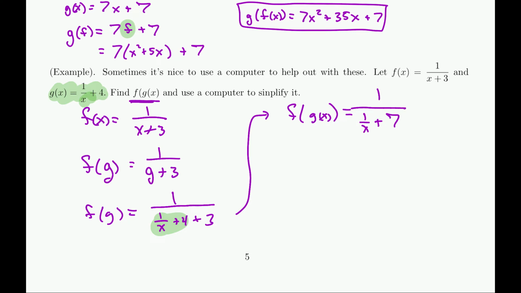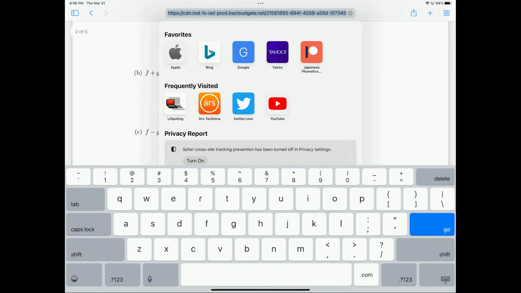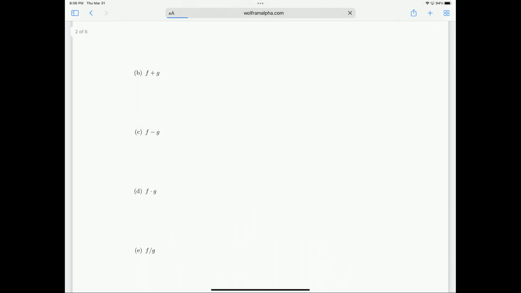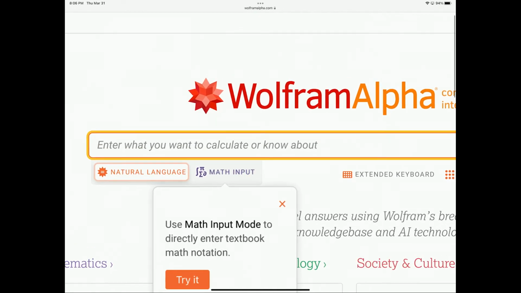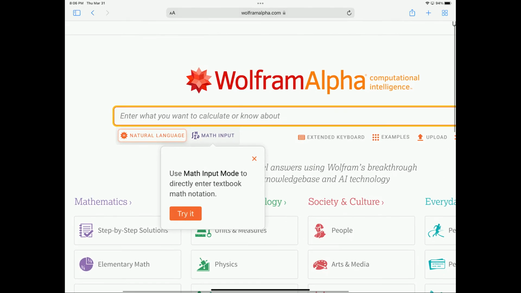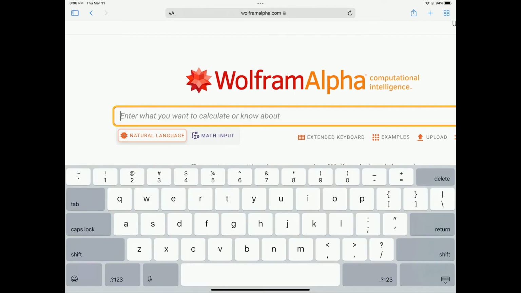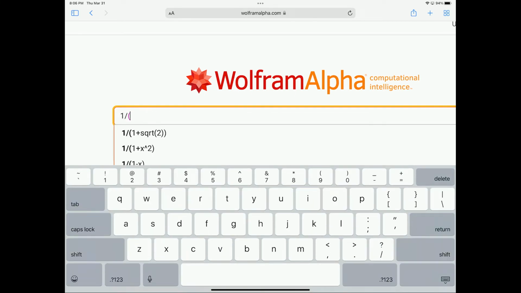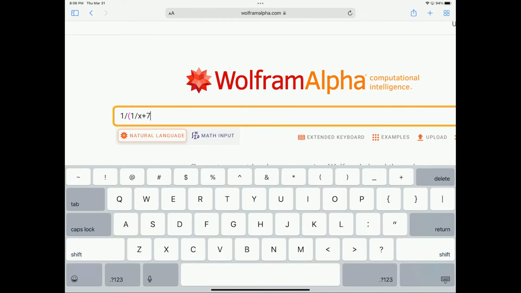So I'm going to just open up a web browser here. I'm going to try to remember this function, 1 over x plus 7. Let's go to Wolfram Alpha to simplify stuff. So this is my preferred website for simplifying equations. And I'm just going to type it in. 1 over parentheses 1 over x plus 7.